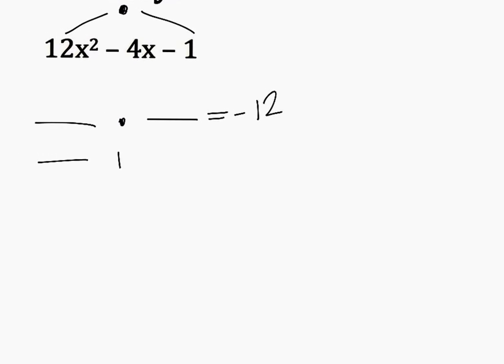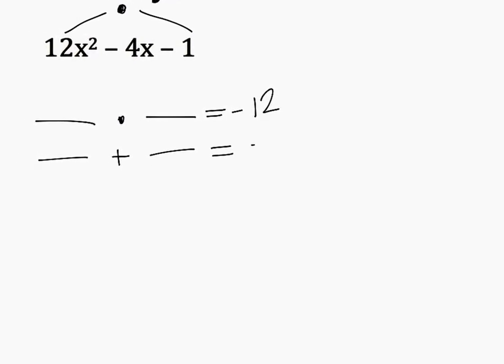If the coefficient is 1, then that would be a mental math problem. I just think of the two numbers that multiply to give me c and add to give me b, and I'm done. However, if there's an a, you have to multiply a times c, which in this case is negative 12. So you need two numbers that multiply to give you negative 12, and the same two numbers should add to give you negative 4.